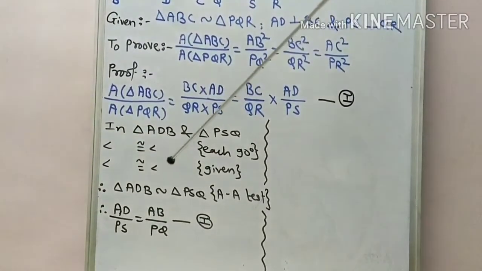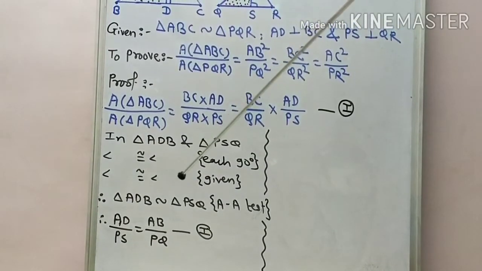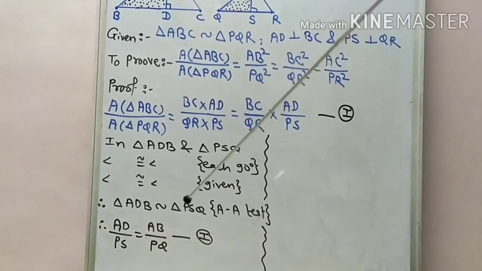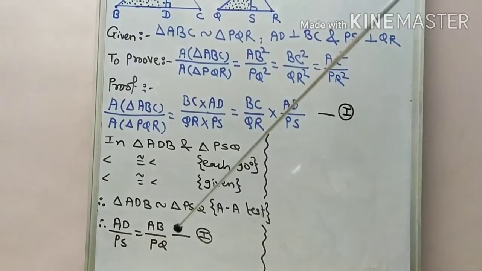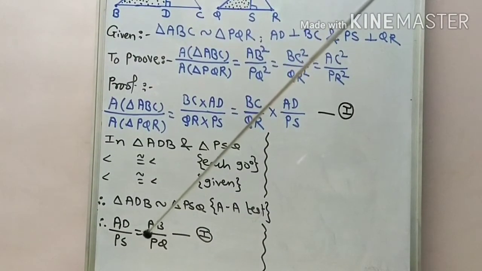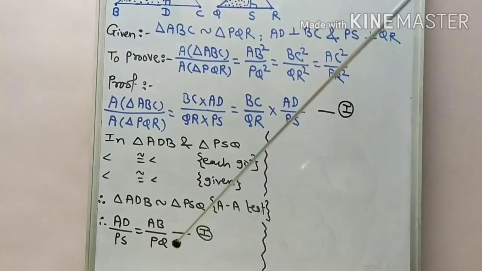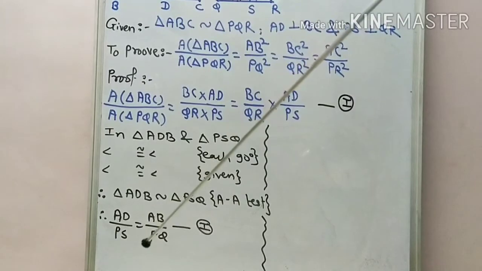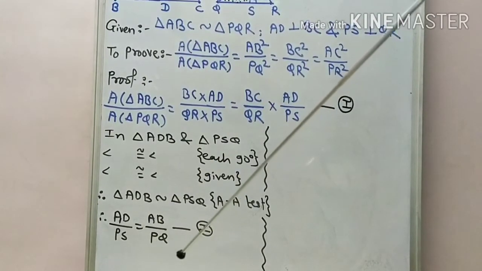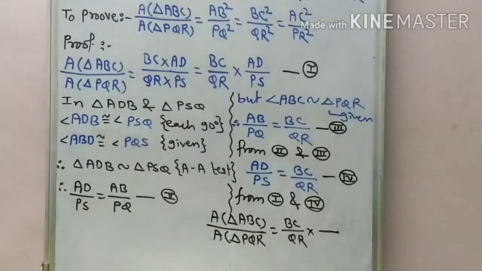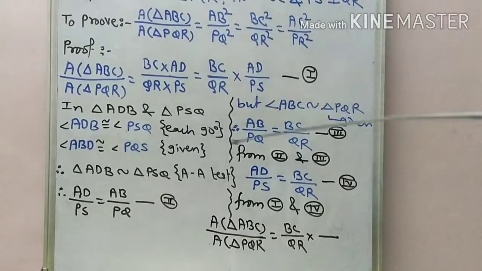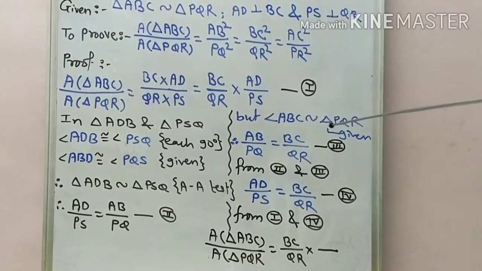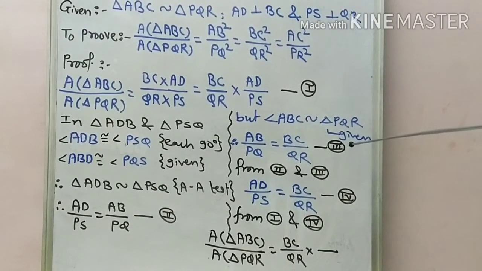So here we get two pairs congruent, so the triangles are similar, and if triangles are similar, corresponding sides are in proportion. So AD upon PS equals AB upon PQ. But actually you have to prove that AD upon PS equals BC upon QR. So here we write that triangle ABC is similar to triangle PQR, as given.